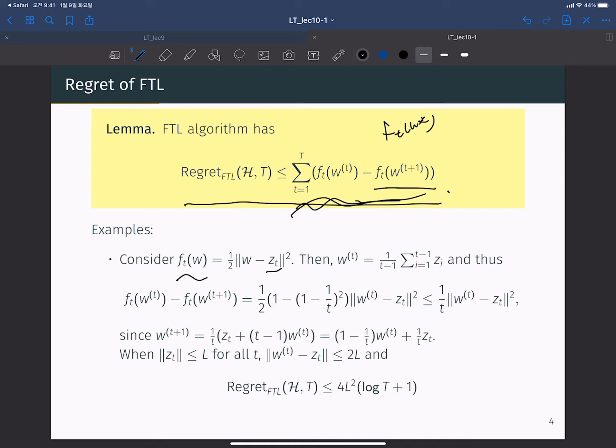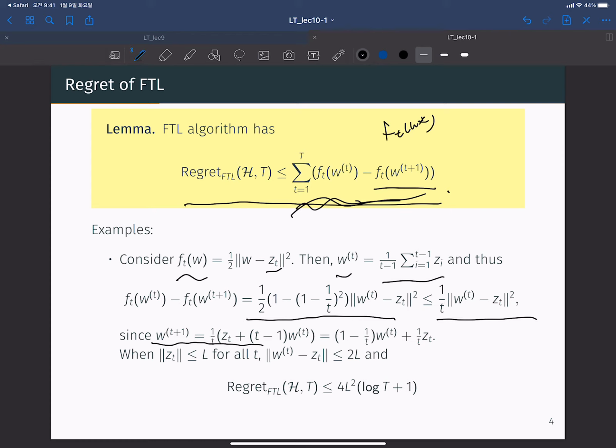Then w_t is just the empirical average of z_1 to z_{t-1} from the definition, and thus f_t(w_t) minus f_t(w_{t+1}) can be written like this and upper bounded by 1 over t times the norm of w_t minus z_t squared. Here we use the definition of w_{t+1} and w_t.